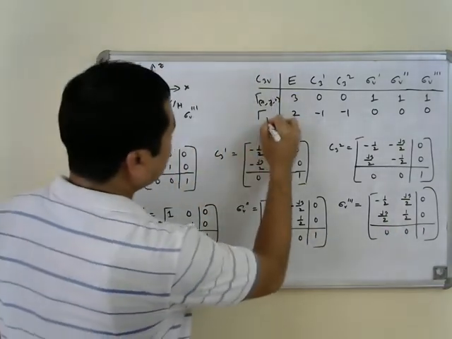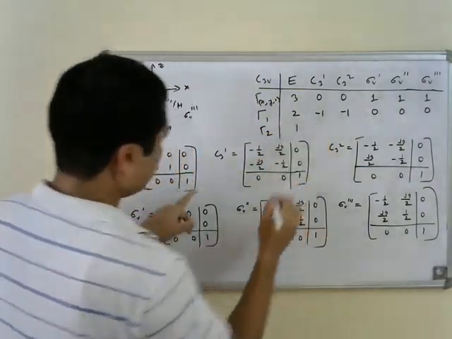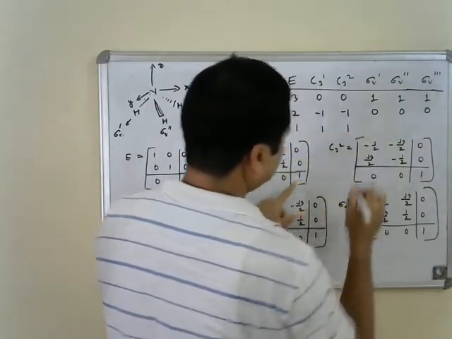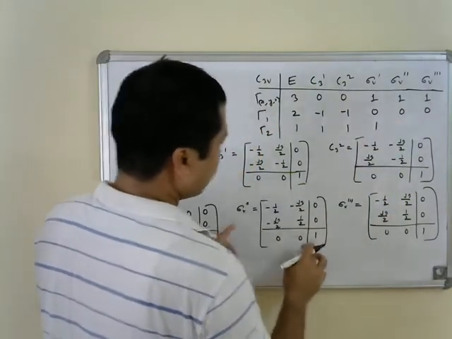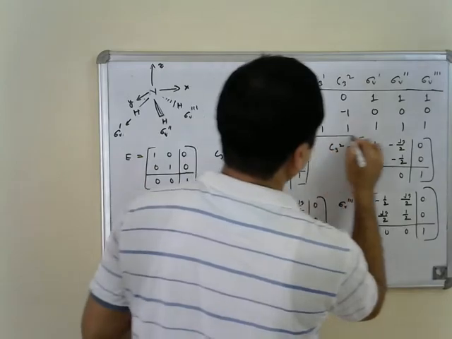The character of the other representation is going to be equal to 1 here for identity, and for C31 it is 1, C32 also it is 1, sigma v dash it is equal to 1, sigma v double dash it is equal to 1, sigma v triple dash also it is equal to 1.